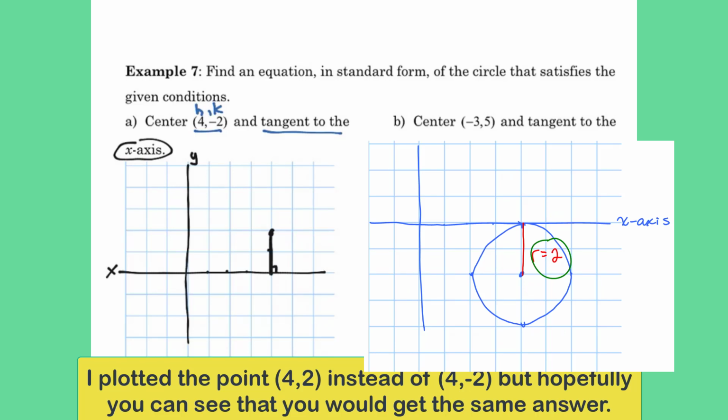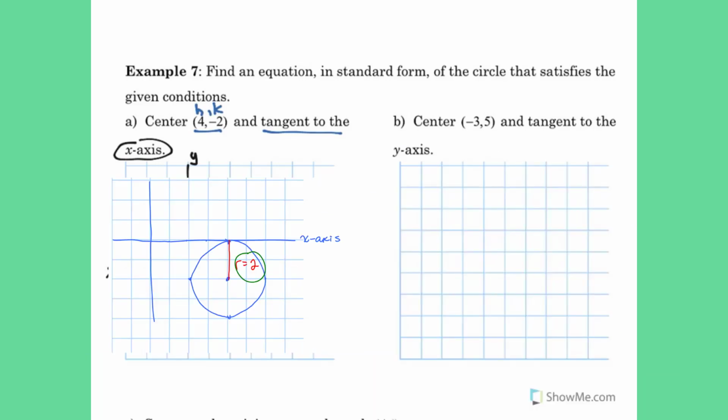So my distance here is going to be my radius. So everything that's 2 units apart, and let's see how good I can draw a circle here. That's what it would look like. So just looking at the graph, I know my radius is 2. My center is 4, negative 2.